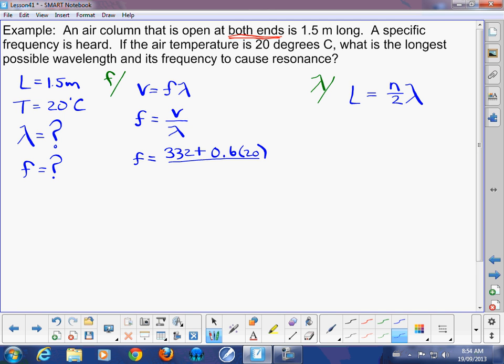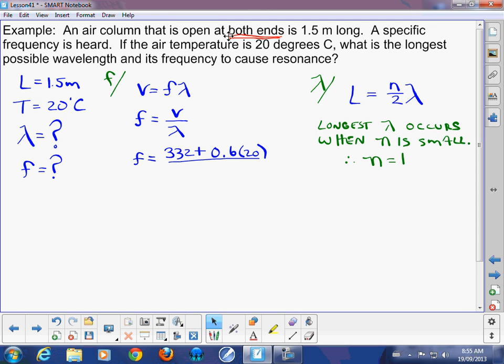We are looking for the longest possible wavelength. The longest lambda occurs when n is small. How small can it be? Well, n will have to equal 1 because we have to have a minimum of one nodal point.